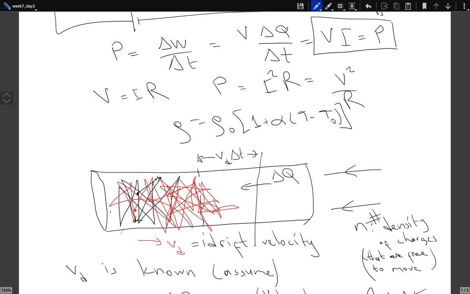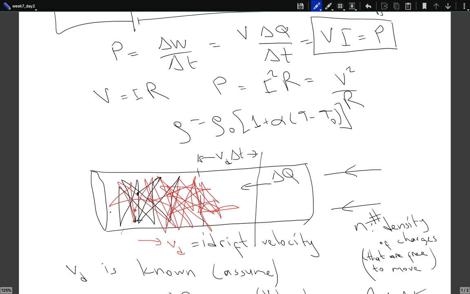Well, what we are interested in is, given a time delta T, how many charges pass through this area. So on the average, the electrons are moving with their drift velocity. So in a time delta T, they will be moving this much.